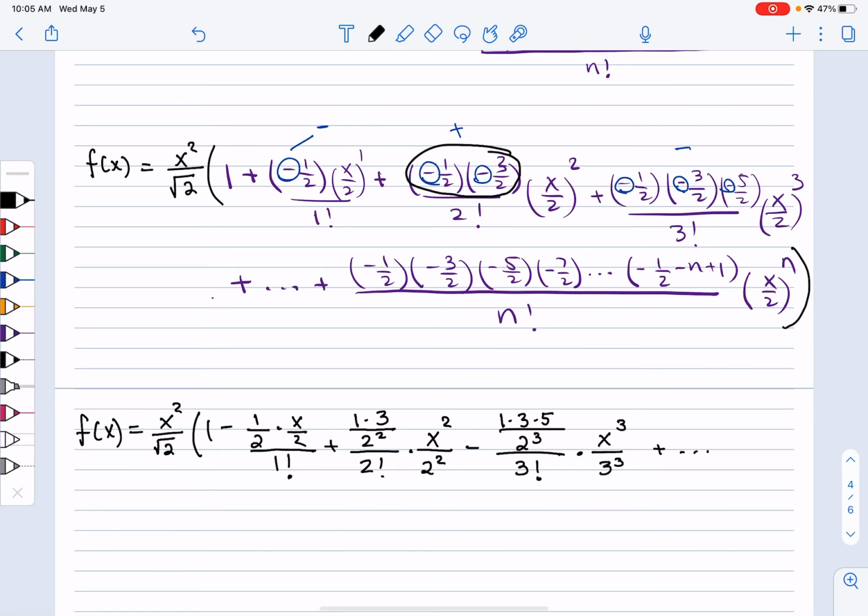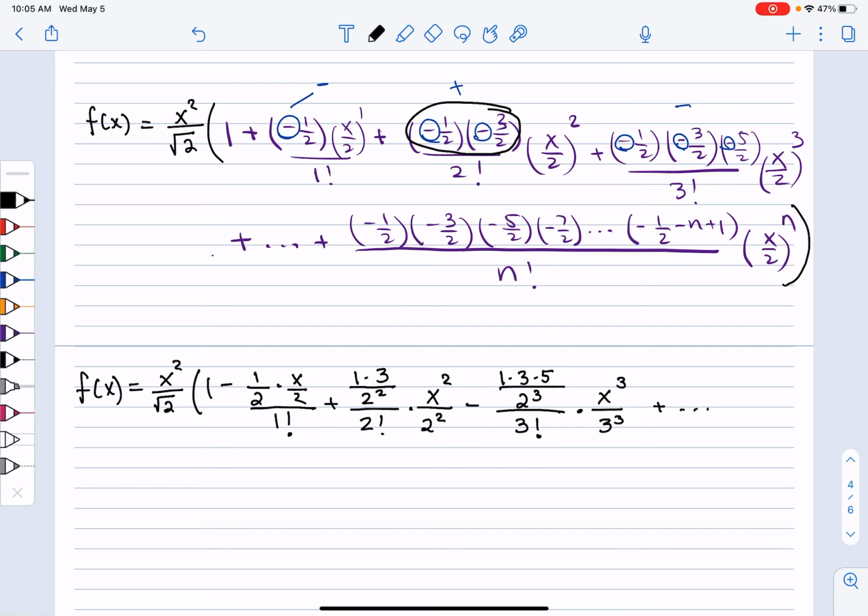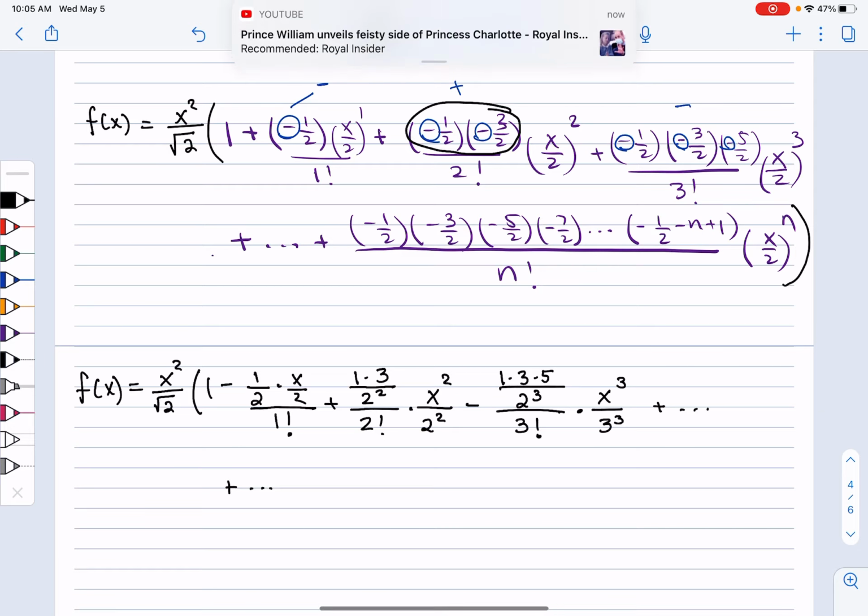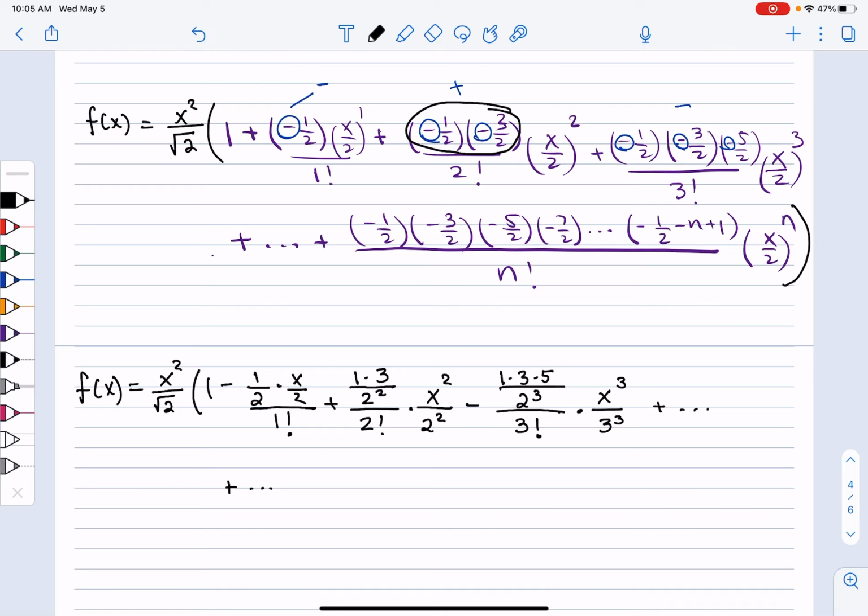And if we continue, what is it that we're going to have? So let's see here, plus, we're going to have negative 1 to some power. So let's keep it at n, negative 1 to the nth power, and I'll tell you why. When n is 1, you have a negative sign. When n is 2, you have a positive sign.